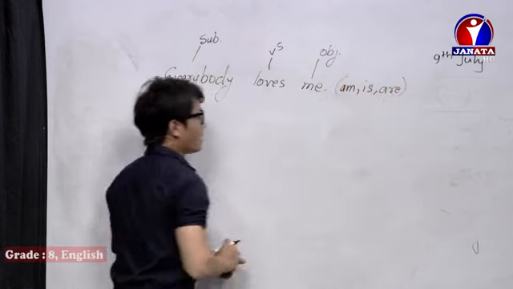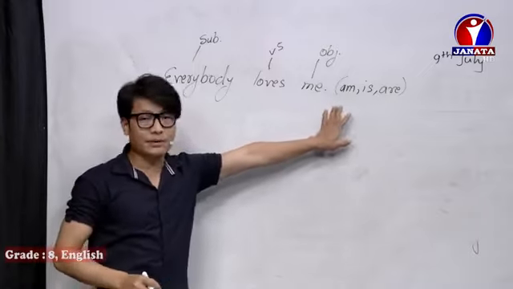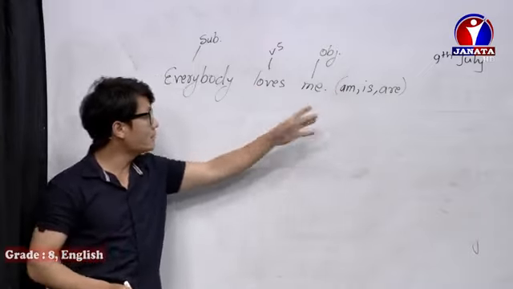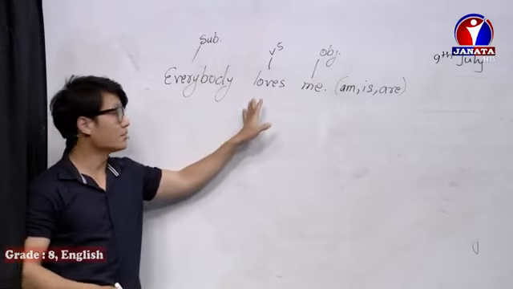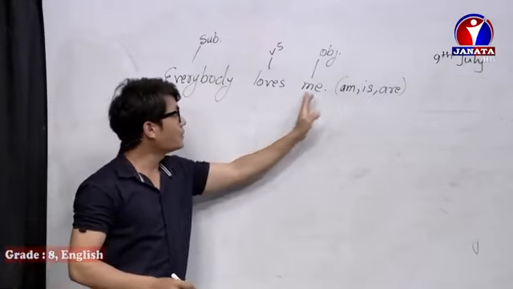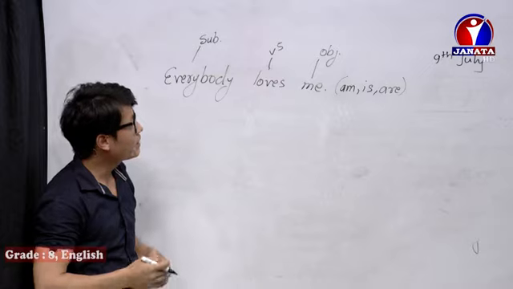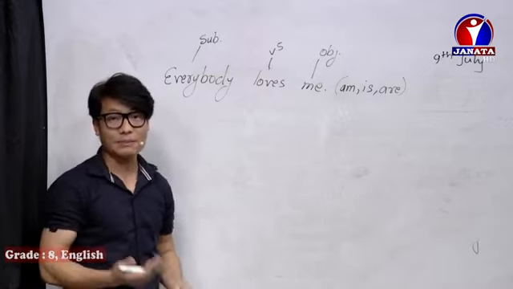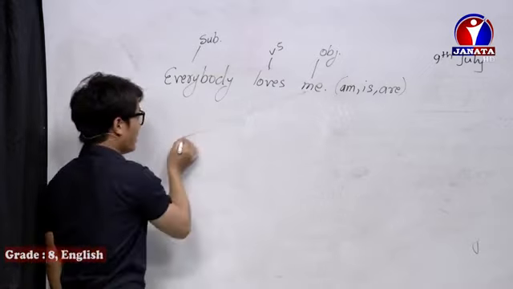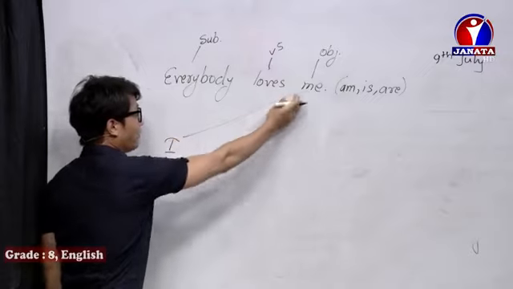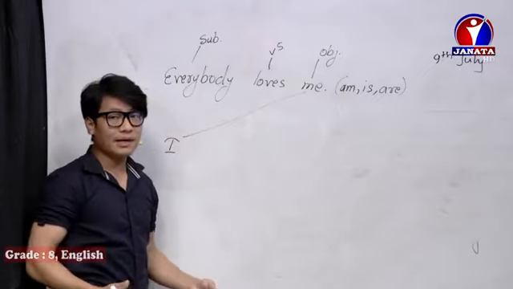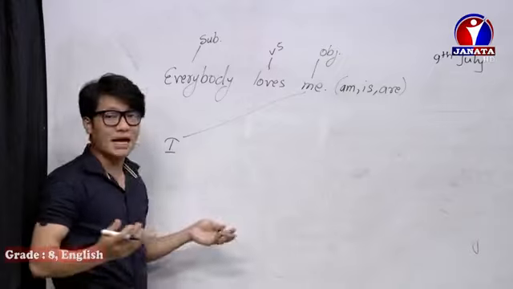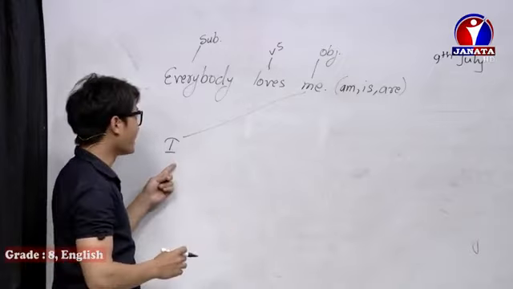There are 3 be verbs in simple present. So what is the object here? Me is the object, so that's why me should be written first. Me is objective case, and when it comes first, it stands as the subjective case, I.